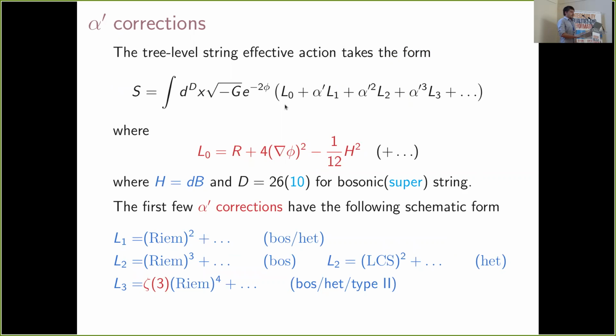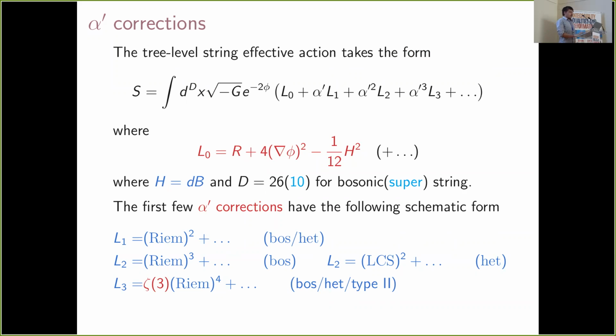At lowest order, we have the familiar usual supergravity. If I restrict to just the NS-NS sector, which I will mostly do, which is the sector that's common to all the string theories, it looks like this, L0. H, as usual, is the field strength of the B field. And the dimension, for the case of the bosonic string, is 26, and for the superstrings, it's 10.